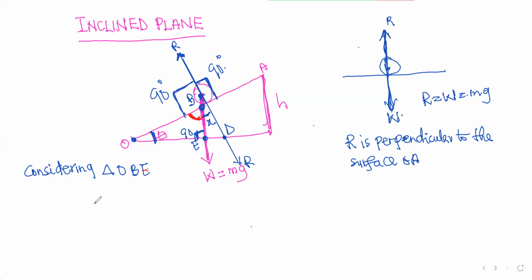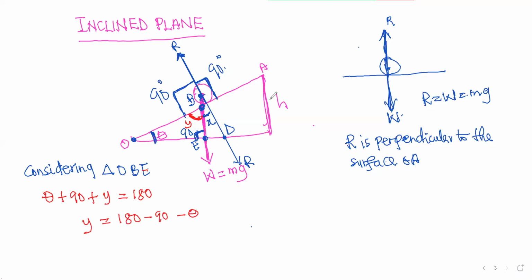Okay. Yeah. Or, you see, considering triangle OBE, the sum of angles in a triangle is 180. So theta plus 90 plus this unknown angle, let's represent it by y, must be equal to 180. So when we make y the subject, we have 180 minus 90 minus theta.